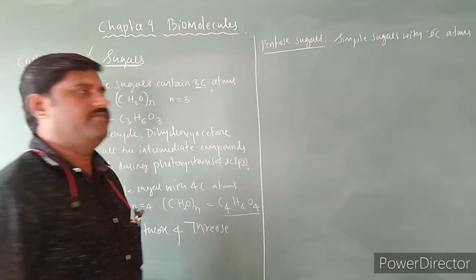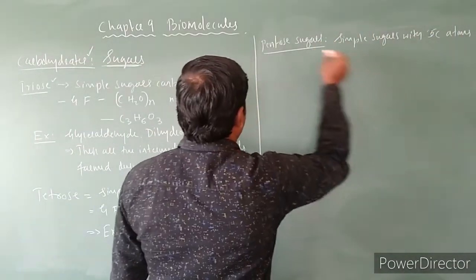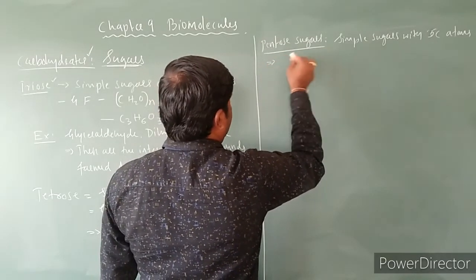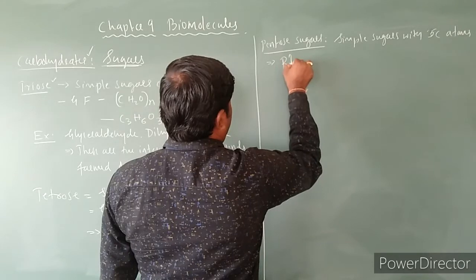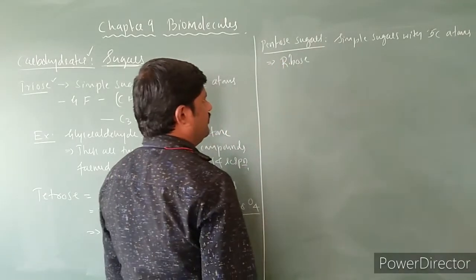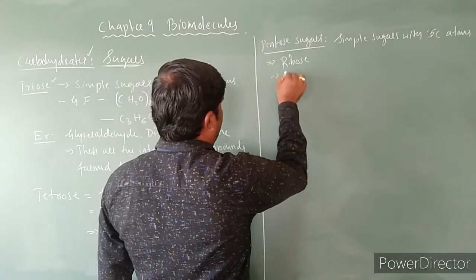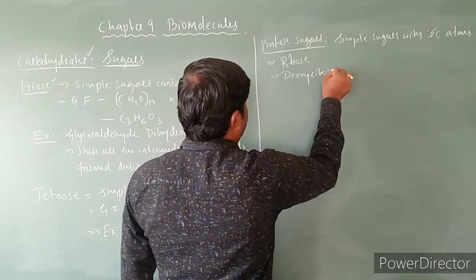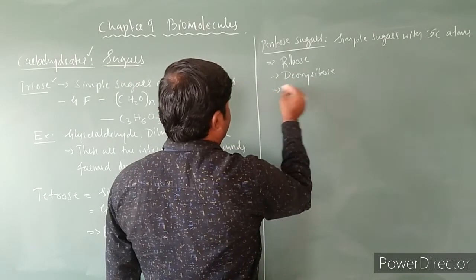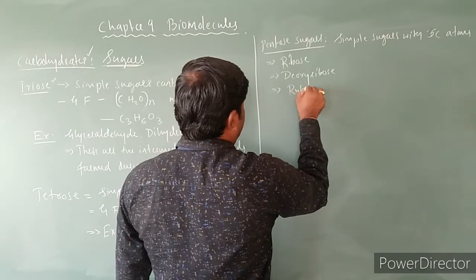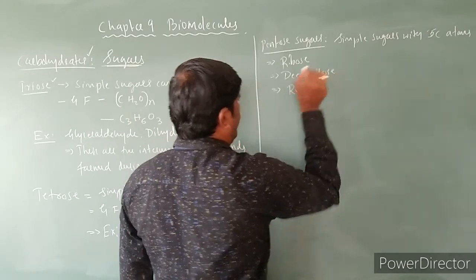For example, ribose is one pentose sugar, and deoxyribose is another pentose sugar, and ribulose is another.